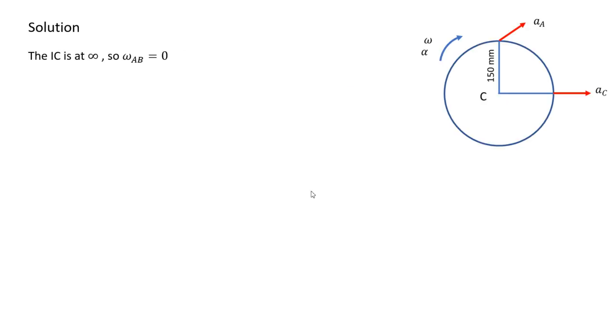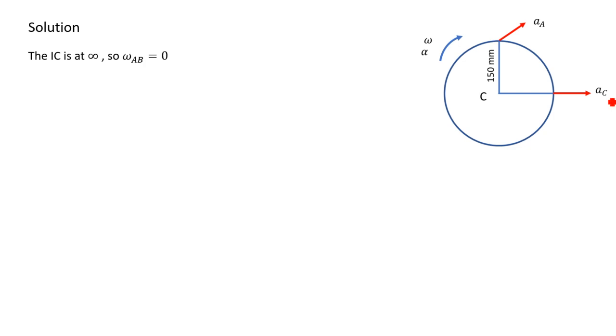We are going to start first with the disk itself, and we know that the IC is going to be at infinity, so that means simply the omega AB is going to be equal to 0. Okay, so the omega of the AB is equal to 0 because the IC is at infinity.